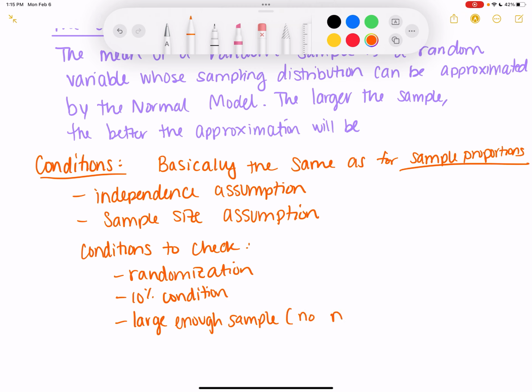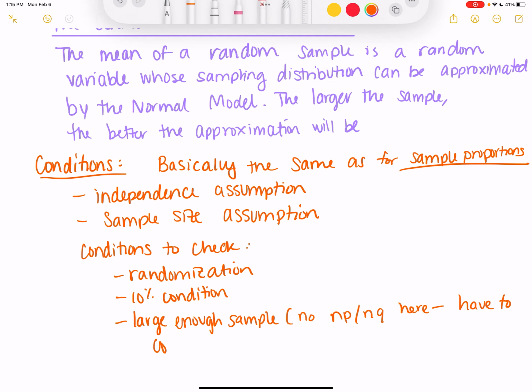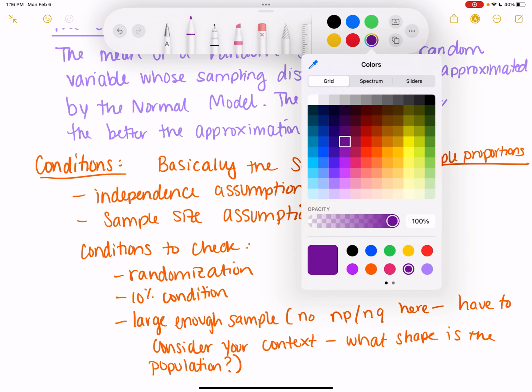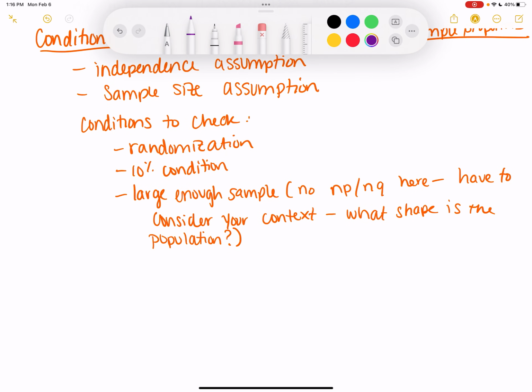So there's no np or nq here. So we have to consider your context, which is what shape is the population. Finally, on the last thing.